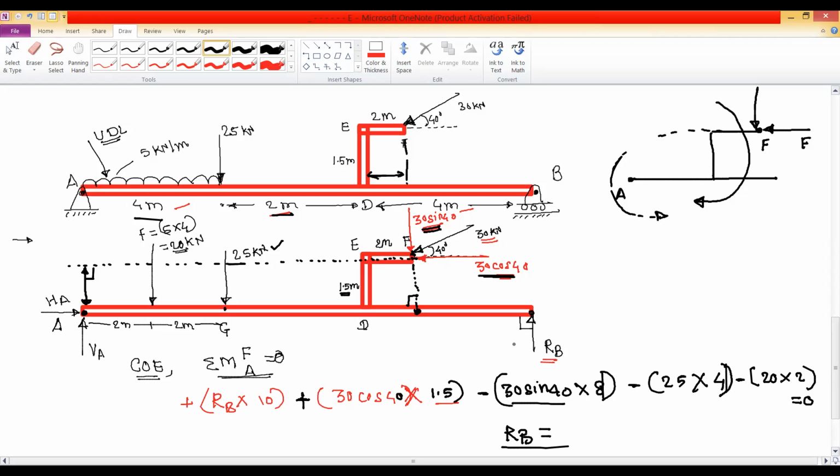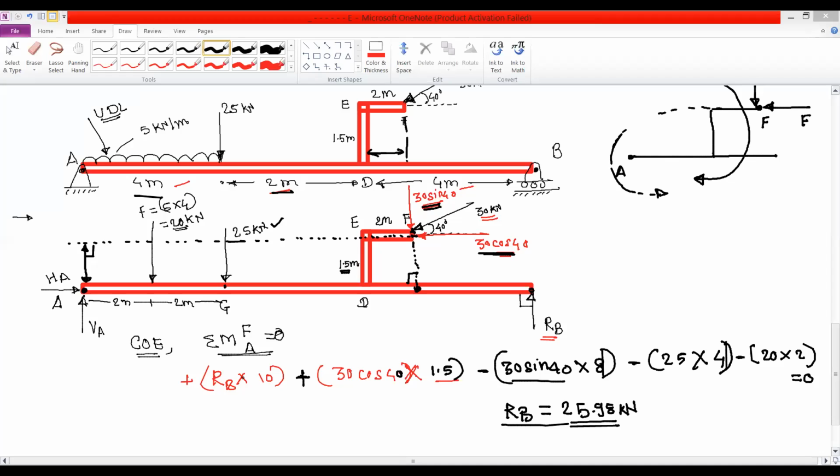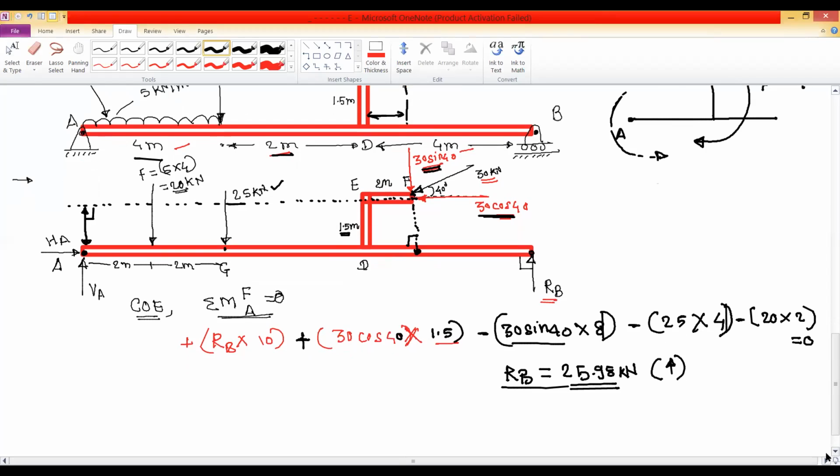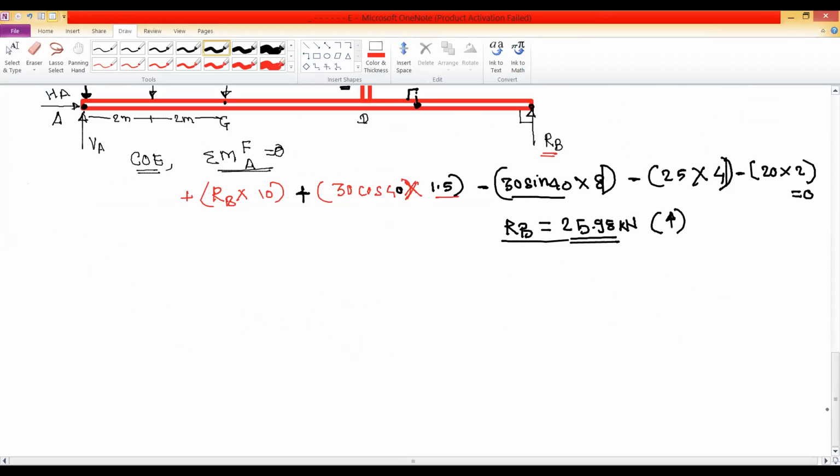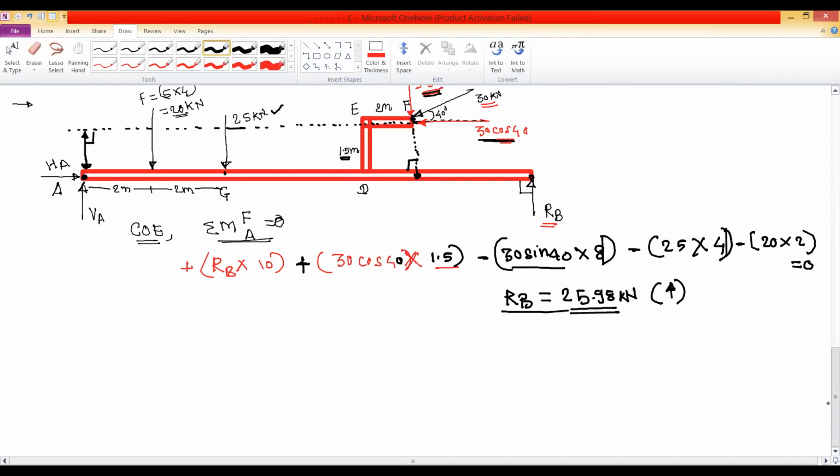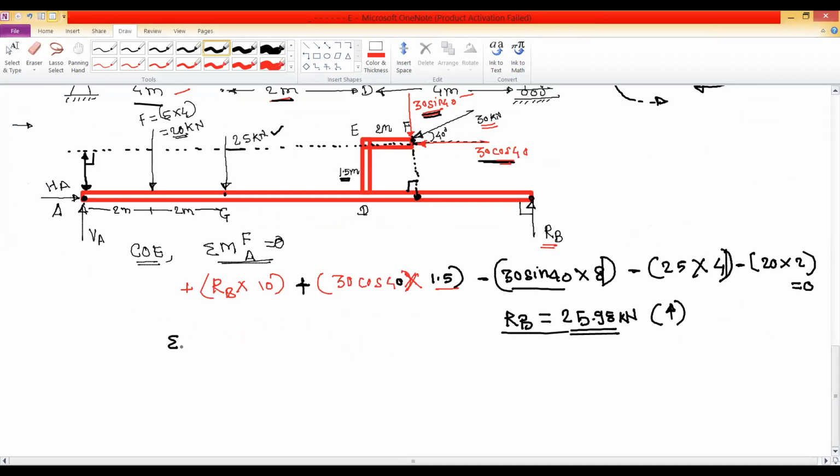So from this calculation, we get the reaction RB as 25.98 kilonewton, and the direction for reaction RB is in the positive y direction. Then use summation Fx equals 0 and summation Fy equals 0.